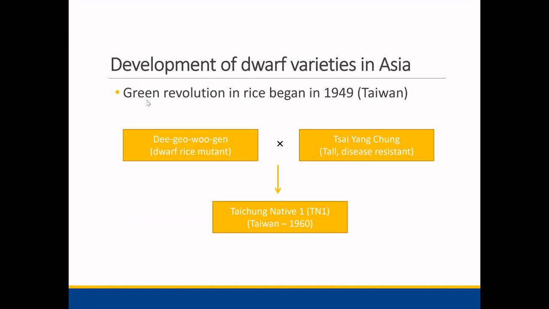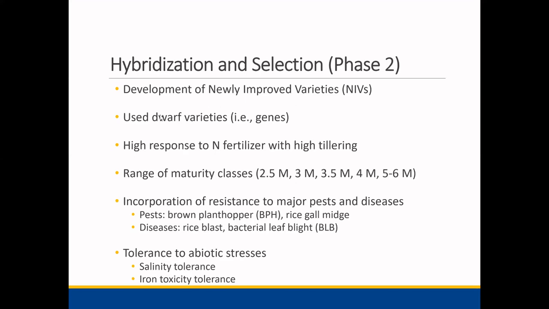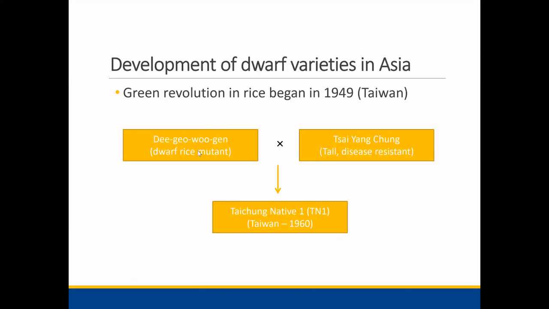So how this happened in Sri Lanka is that in parallel to the development, the green revolution began in Asia, right? So this green revolution, you should know, started in wheat, because that was the major crop in the world. But when you come to Asian countries, rice was the important crop, right?